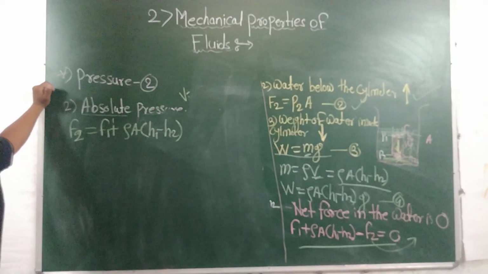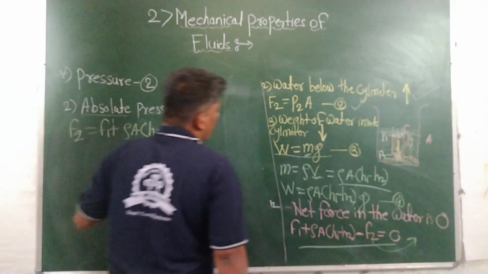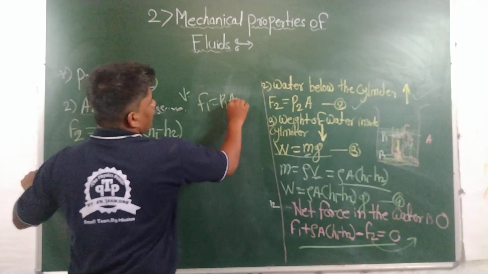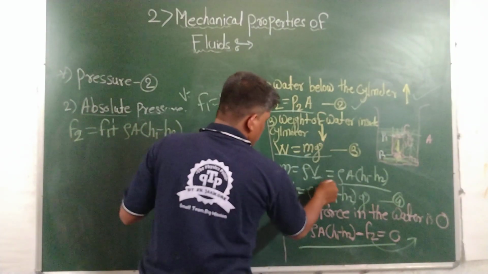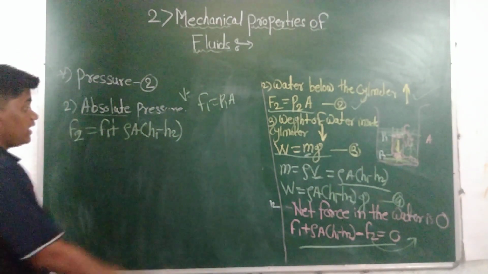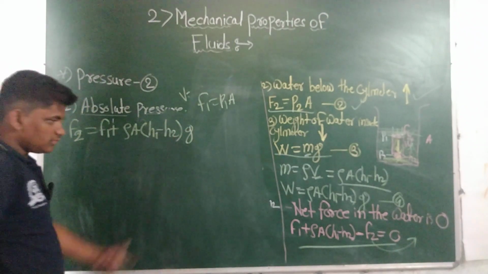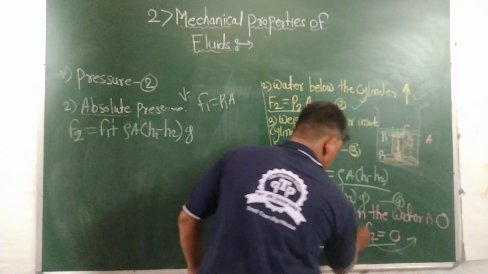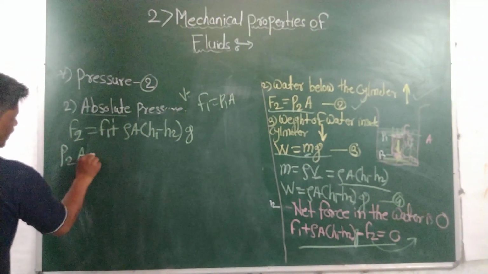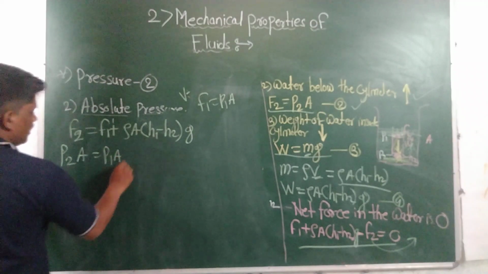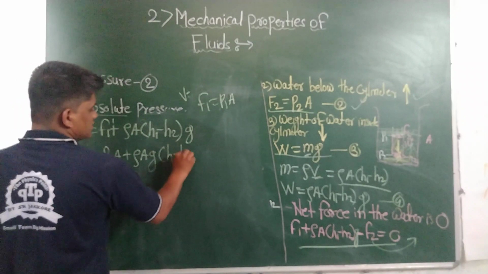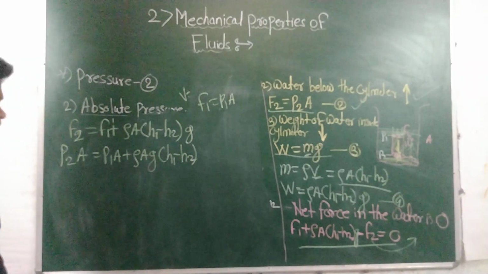And substitute all the values in place of F1 and F2. The value of F1 was P1 into A, F2 is P2 into A, and the weight is rho into g. Then P2 into A is equal to P1 into A plus rho into A into g into (H1 minus H2). Okay.